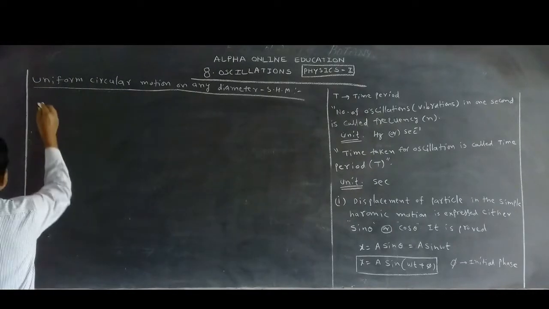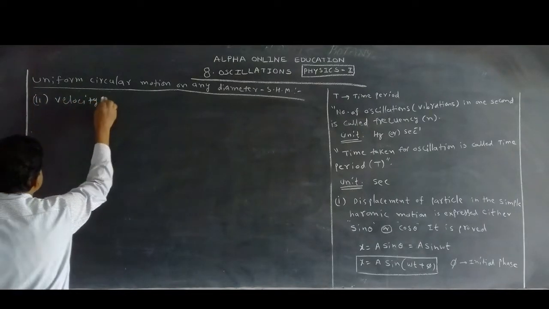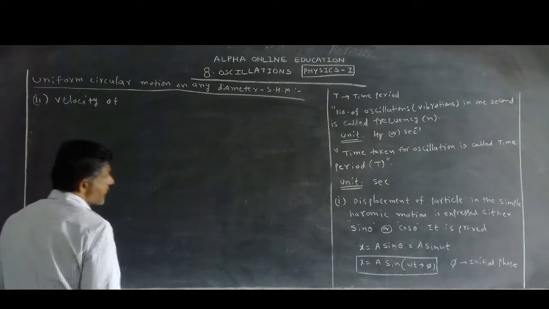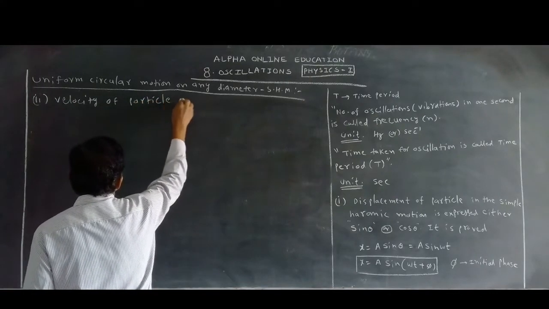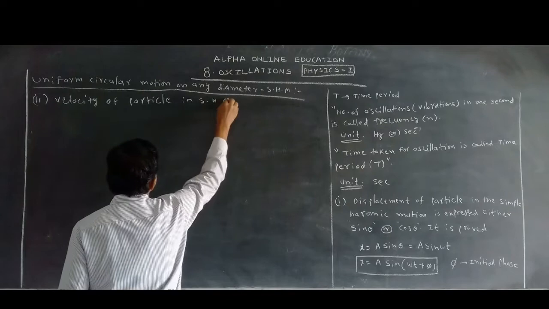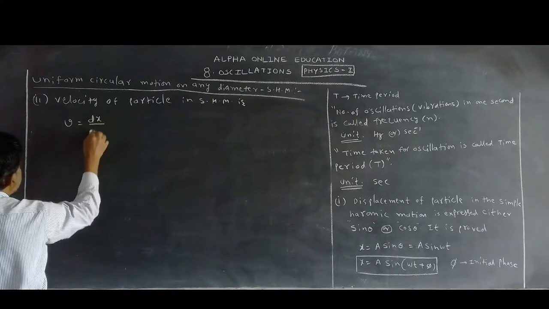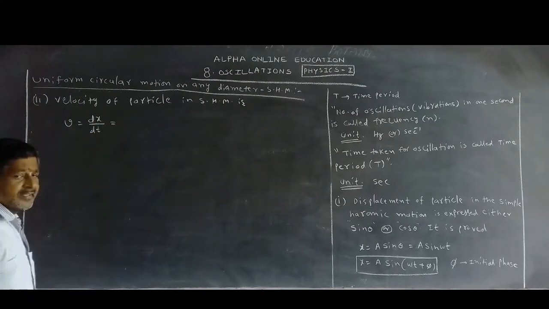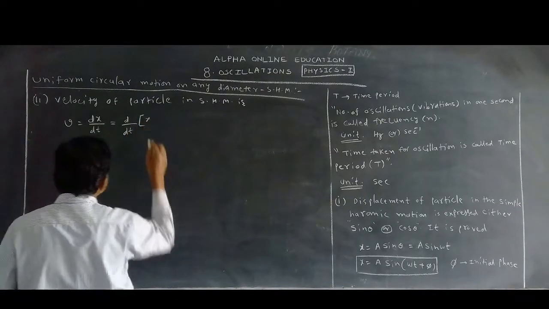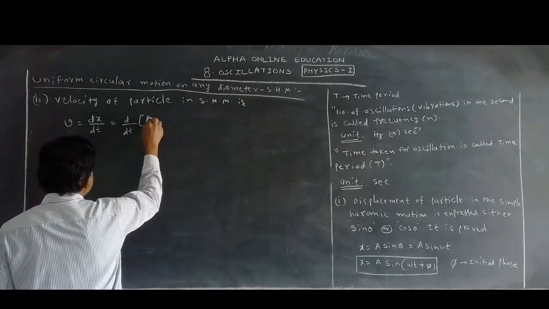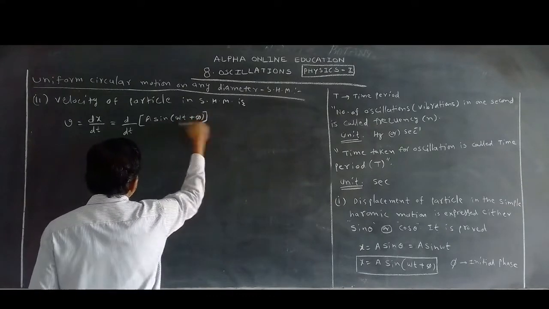Now, second one: velocity of the particle in SHM is v is equal to dx by dt. What is x? x is a sin of omega t plus phi.